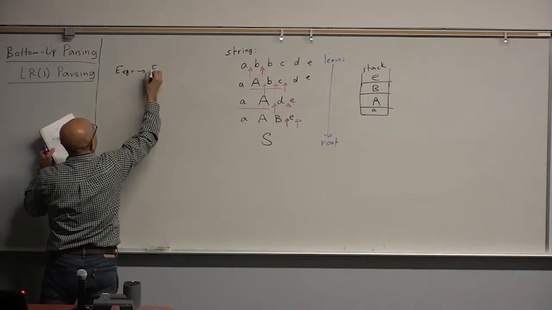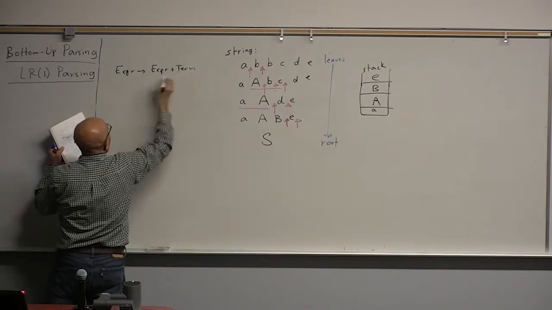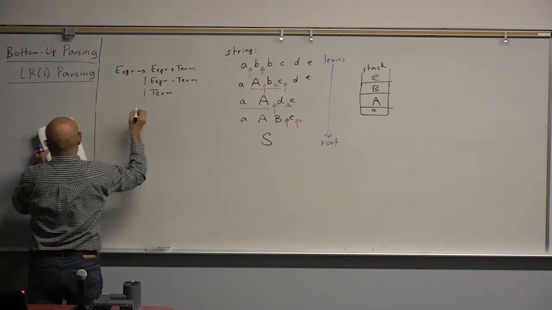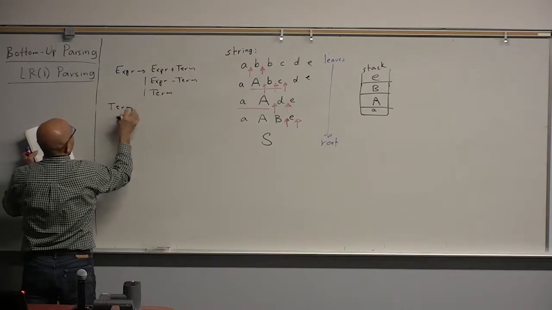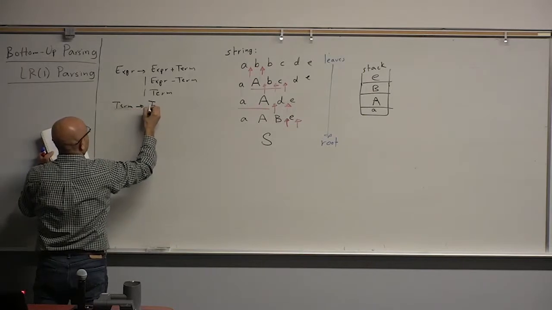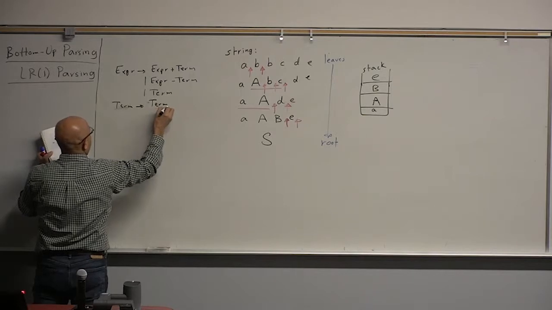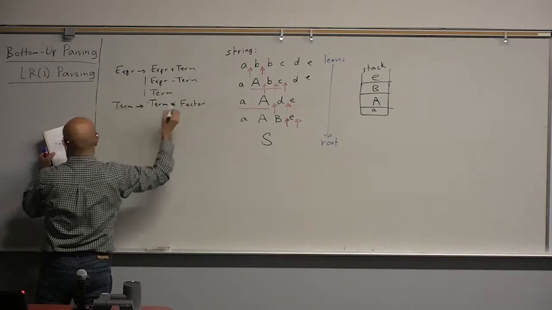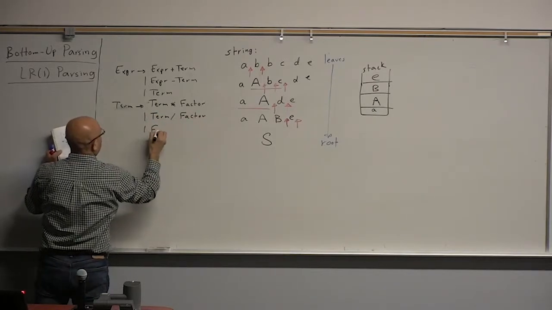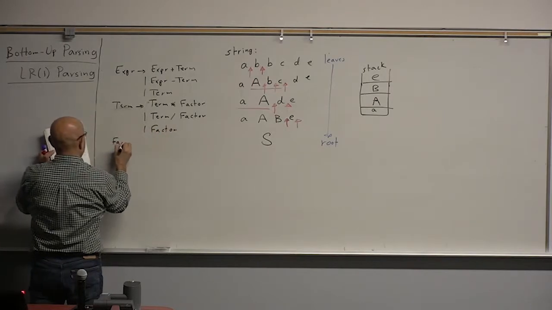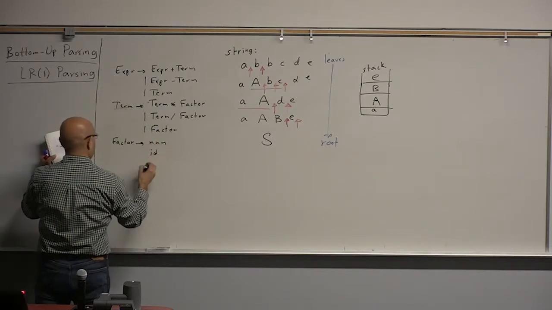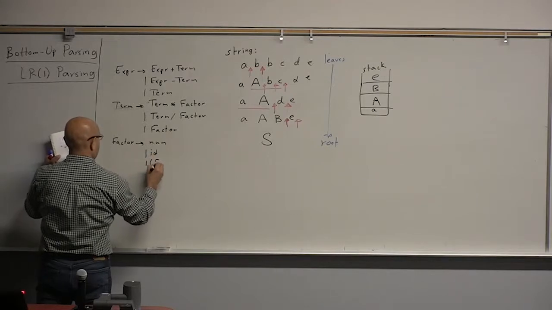Expression is expression plus term, or expression minus term, or term, and term is term times factor, or term divided by factor, or factor, and factor is number, or identifier, or expression.